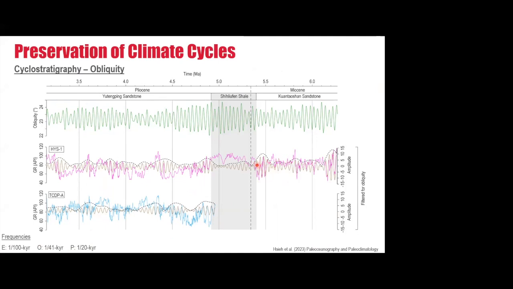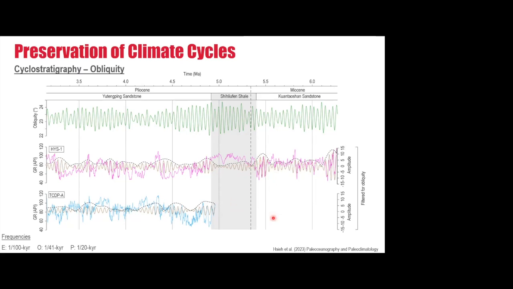The brown wiggle line that you see here represents the amplitude or the strength of the orbital signal that's preserved in the gamma ray record after we apply the filter. And then this black dashed line represents the upper envelope of the filtered signal, which highlights the peaks and the troughs that correspond to strong and weak orbital signals preserved in the gamma ray record. So this black dashed line is what we'll focus on.